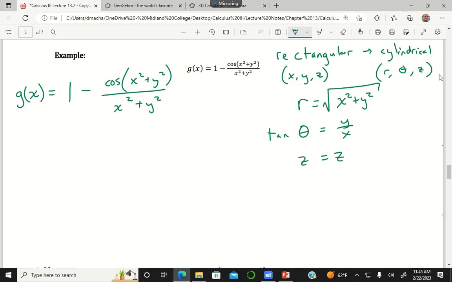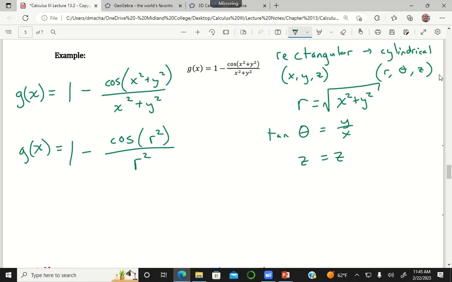In this function, the function value you can think of as z if you're thinking of it like a surface in 3D space. But what I'm really concerned with is replacing this x squared plus y squared with what? r squared, yeah. And then the denominator would be r squared.